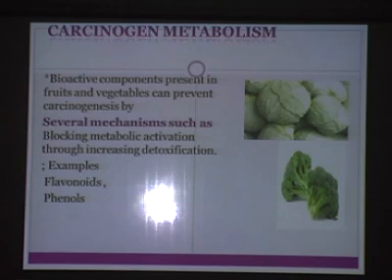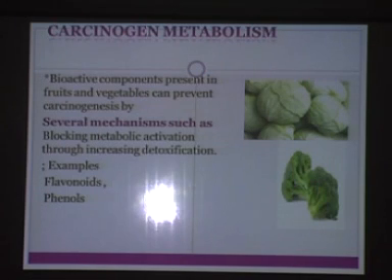These environmental toxins can be blocked by the bioactive compounds present in fruit and vegetables, which can prevent carcinogenesis by several mechanisms, such as blocking metabolic activation through increasing detoxification, with flavonoids, phenols, and the sulforaphane present in broccoli.